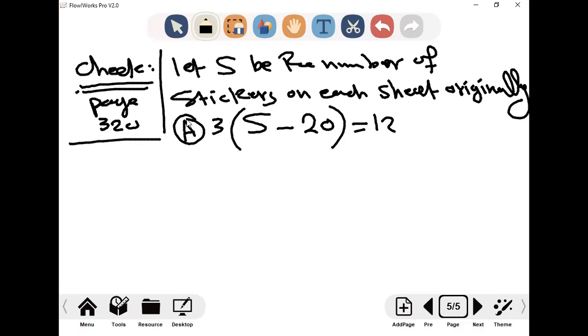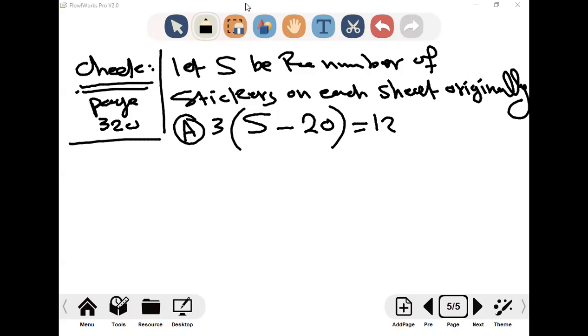Part B, how many stickers? They want us to solve it. So do part B now. Wait, don't say the answer, please. Give me S. How much S will be originally? Tell me the first step. What will I do? Tell me. On the board.